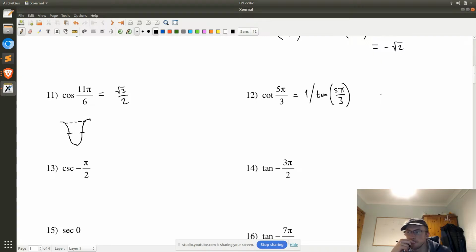So 180, so 300, so 90, 180, 270 and then 30 up from the negative, which is the negative of tan of 60, and tan of 60 is root 3, so negative 1 over root 3.